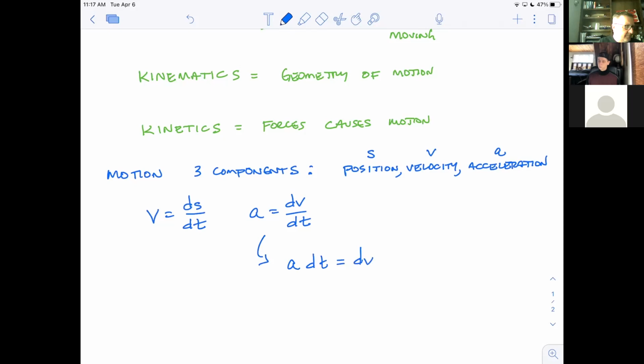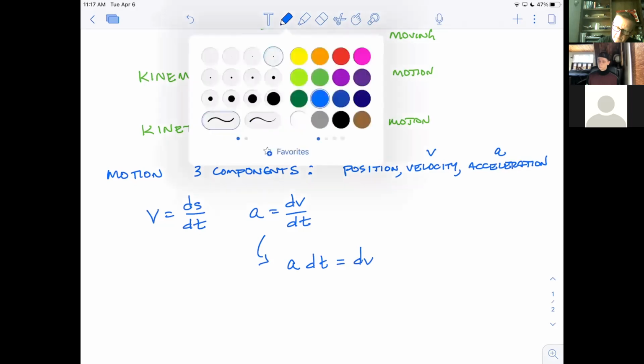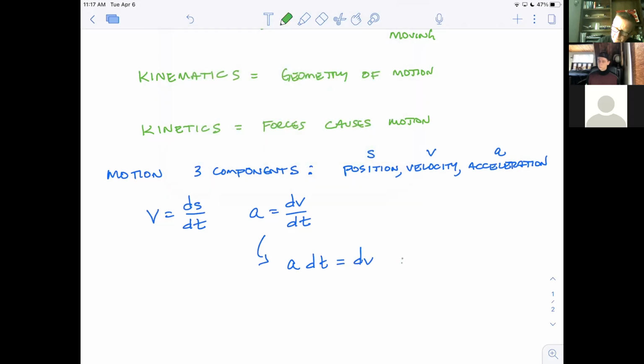And now, what happens if you integrate, take an integral of that statement? That's where you've seen dt and dv before. So if I integrated both sides and said, what is the integral of a with respect to t? And what is the integral of dv? Well, the integral of 1.